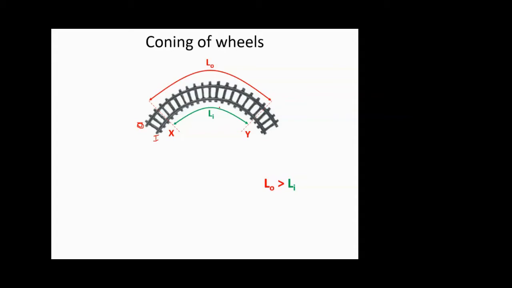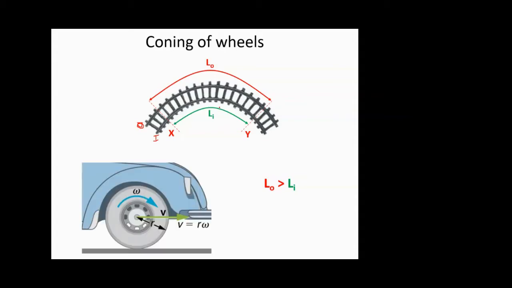Now, before going ahead, let's just go back 2 years, to engineering mechanics, where you might have studied angular momentum and angular velocity. This is a typical example that I am showing you here: a car wheel is subjected to angular velocity.